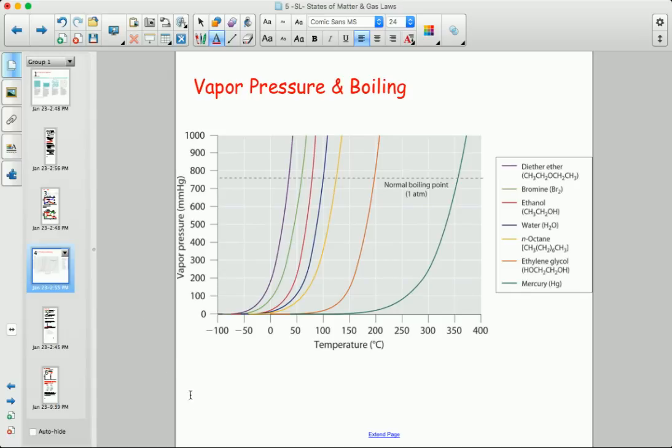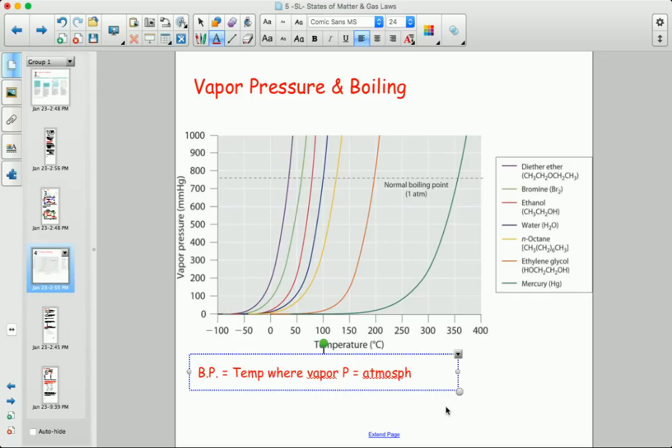So technically, the boiling point equals the temperature where the vapor pressure of a substance equals the atmospheric pressure. It's really more complicated than you're going to need to know for the SL syllabus, but it implies that it's a little more complex than something always boiling at a given temperature.